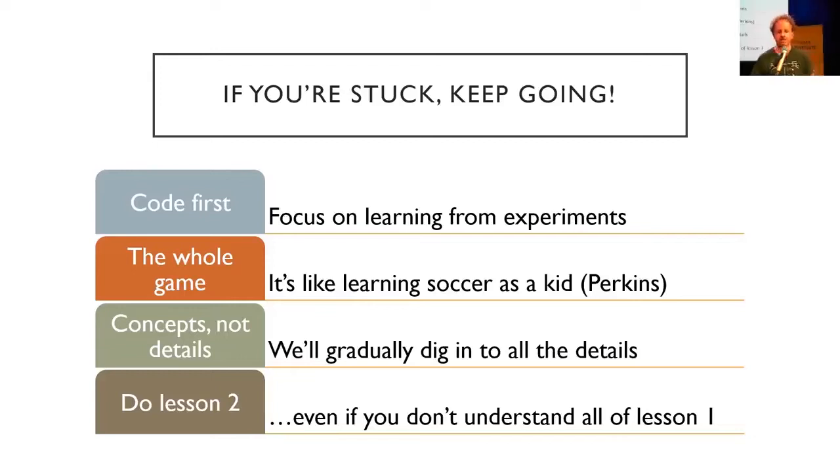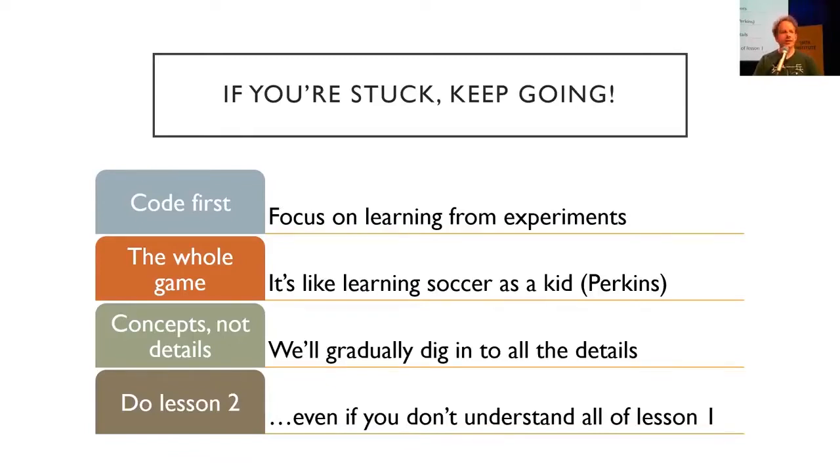This approach is based on a lot of academic research into learning theory. One guy in particular, David Perkins from Harvard, a researcher into learning theory, has this really great analogy. He describes this approach as the whole game, which is basically if you're teaching a kid to play soccer, you don't first teach them about how the friction between a ball and grass works, and then teach them how to sew a soccer ball with their bare hands, and then teach them the mathematics of parabolas when you kick something in the air.